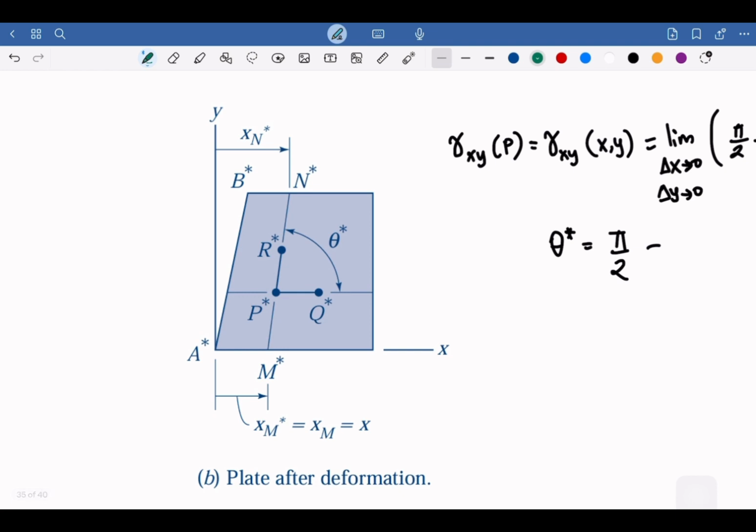You can see that we can make a triangle here, so let me draw a triangle there, please.